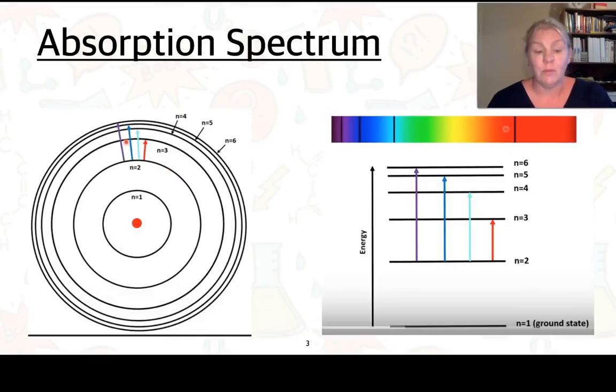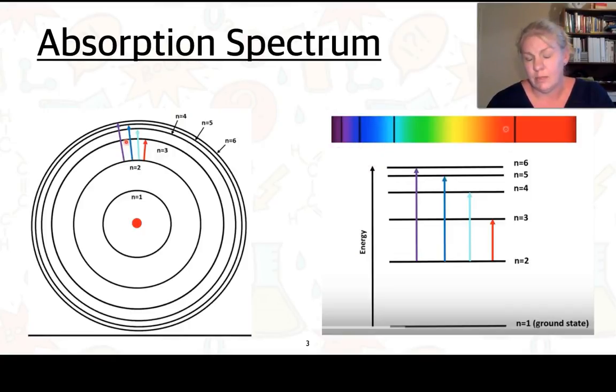Here we have an absorption spectra. If we look at these arrows here on the diagram, they are showing electrons, in this case, from n equals 2 transitioning to the n equals 3 energy level. Here n equals 2 is going to n equals 4 and then 5 and n equals 6. On the right hand side of the diagram over here, we have an absorption spectrum.